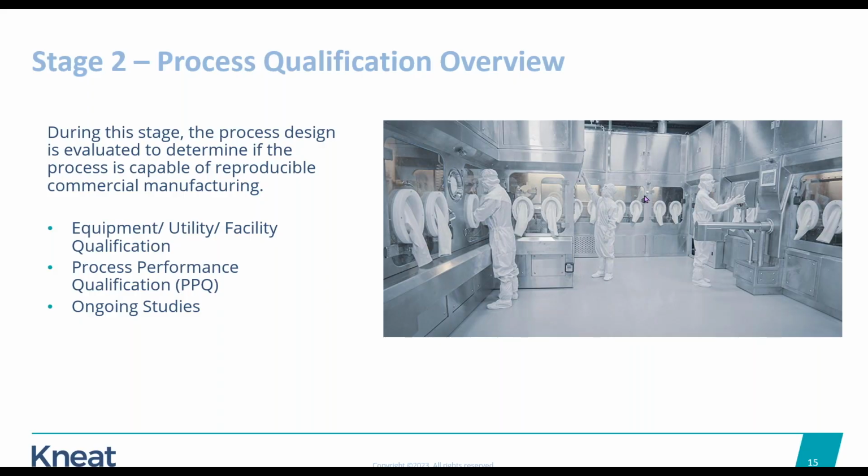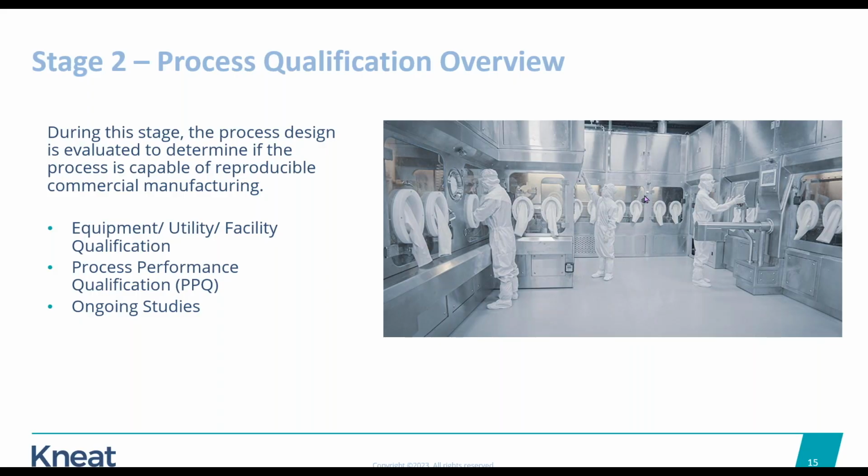And then also something that is oftentimes overlooked at this stage is ongoing studies. This is where I'll dabble into drug substance just a little bit, where you could have resin reuse studies or resin life cycle studies. These are studies that would be going on in the background of a commercial batch, but it would not jeopardize the batch in any way, just to continue to gather information to improve and better their process.